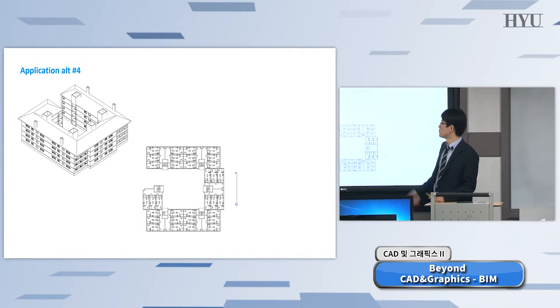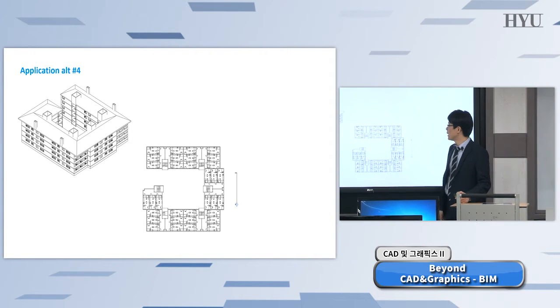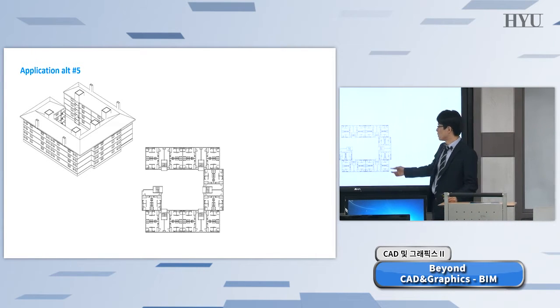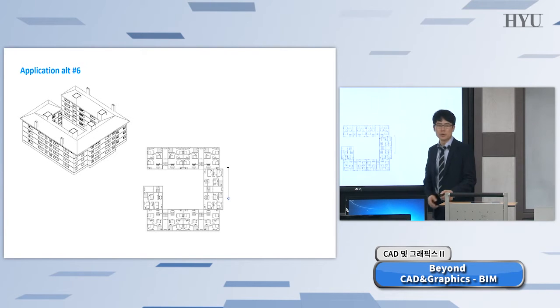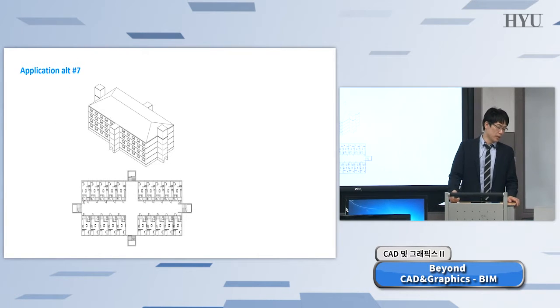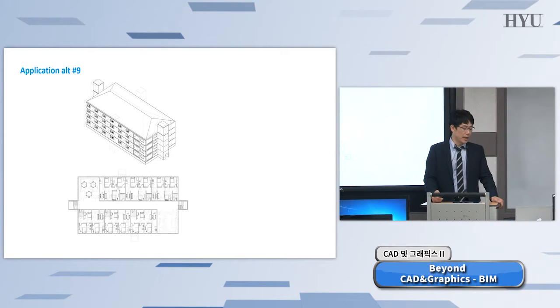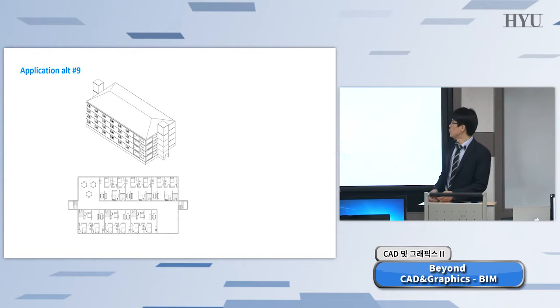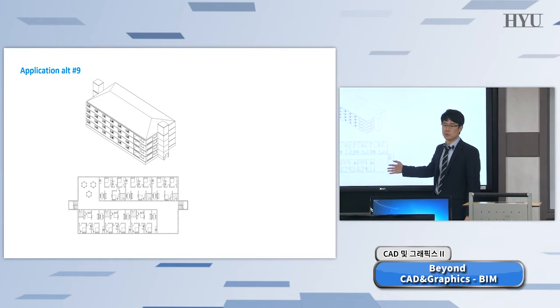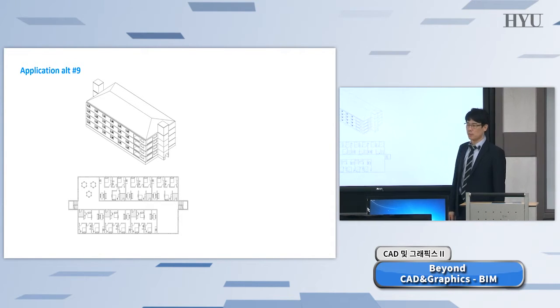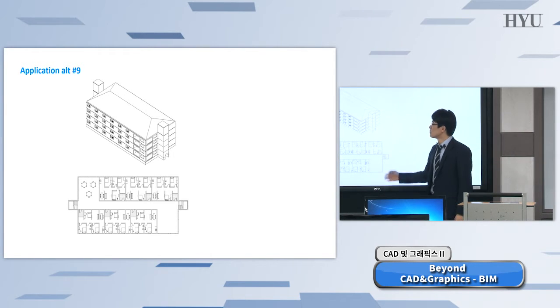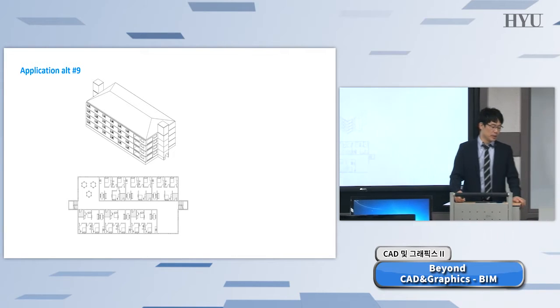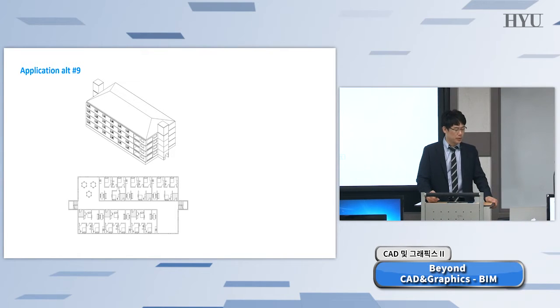At this time, we use Revit. Applying a different module for 2 persons and 3 people shared housing, alternatives 7, 8, and 9 can be generated this way. So this series of design alternatives can be populated by these different building types and different building module units.